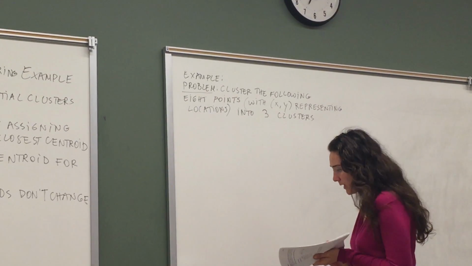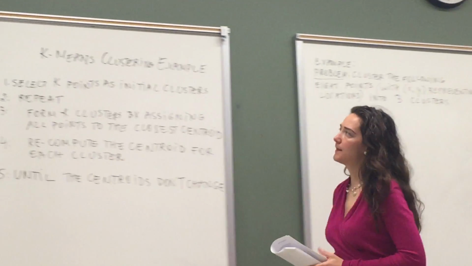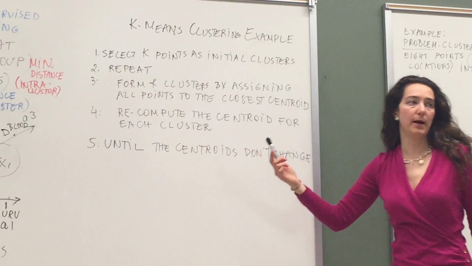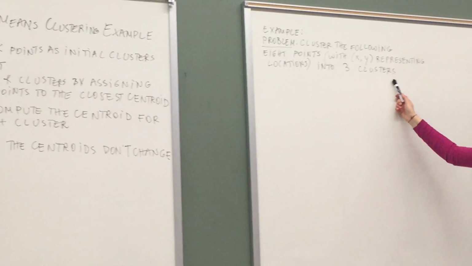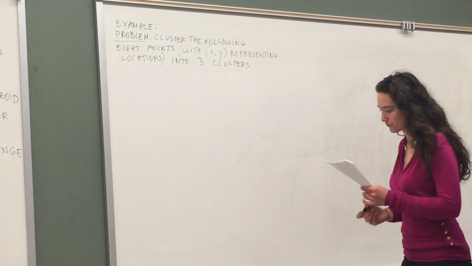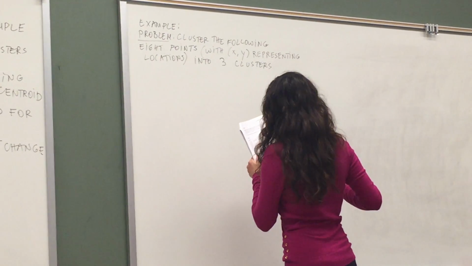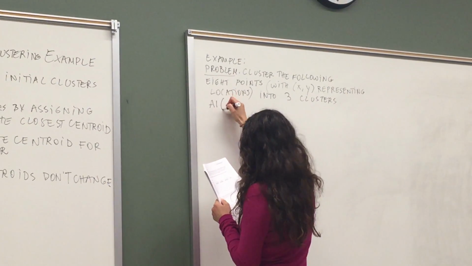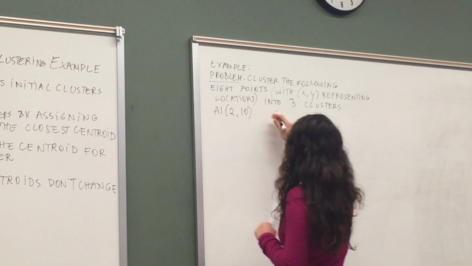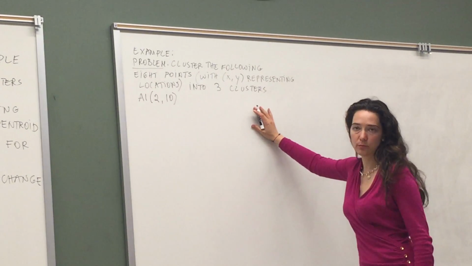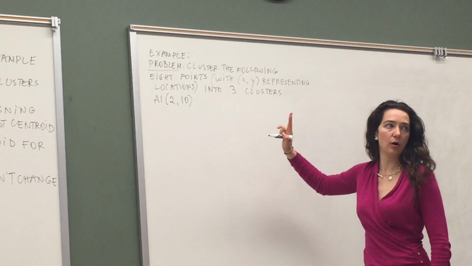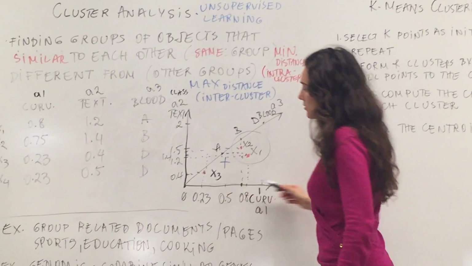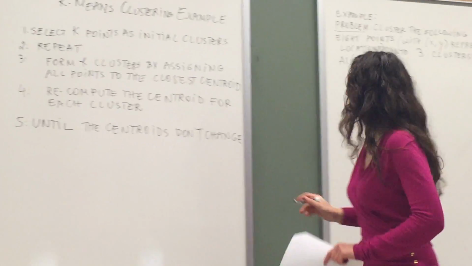So we mentioned with k-means, k is the number of clusters, and that is always provided by the user. In this case, they told us we want to have 3 clusters. The points are A1, coordinates 2, 10. Now, this is 2-dimensional space. We have 2 attributes only, x and y. So we have x coordinate and y coordinate in this problem.